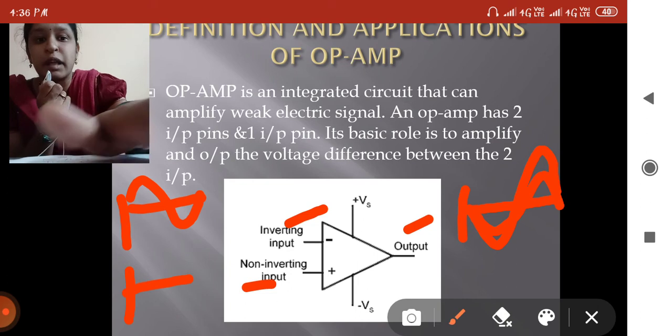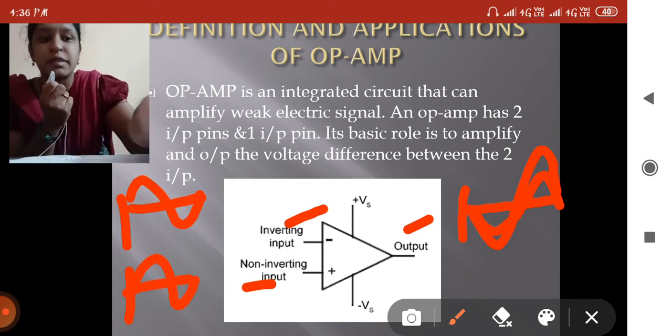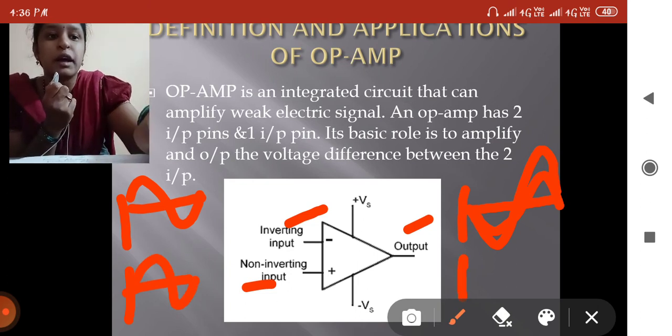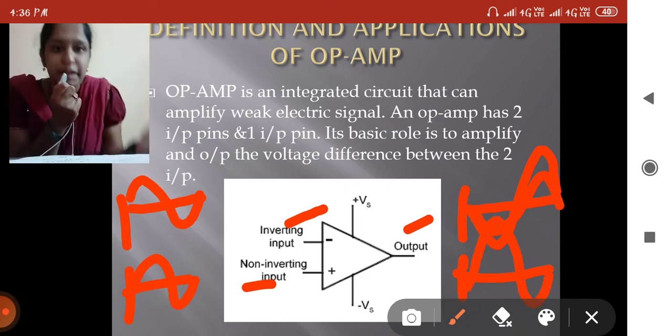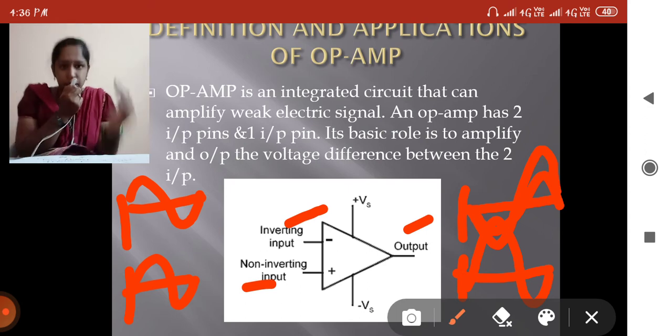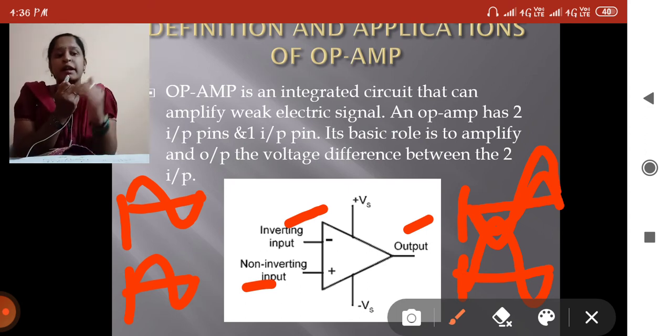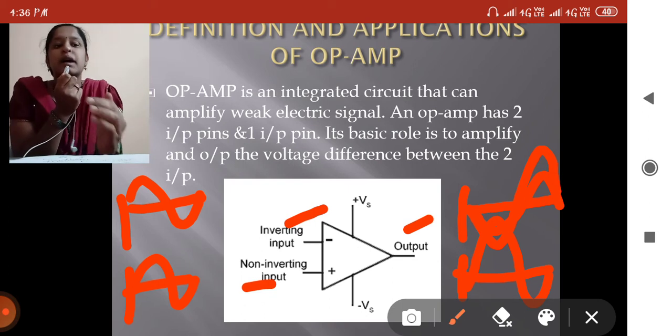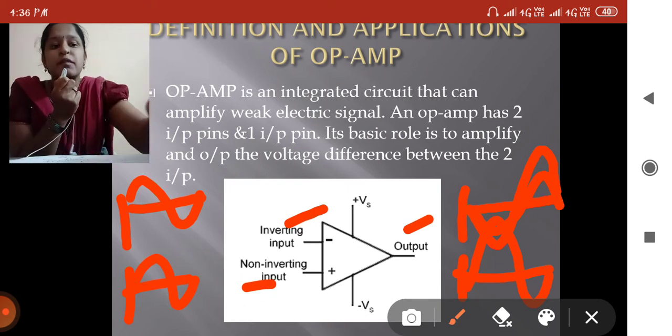Non-inverting terminal means if you are giving the same signal with high gain, the same signal will form without distortion. You are getting the same signal, but with high gain.